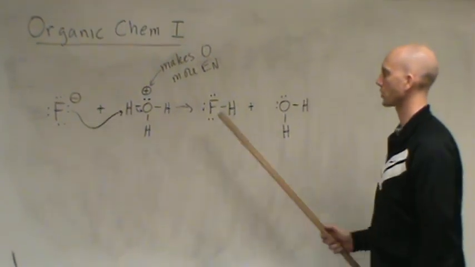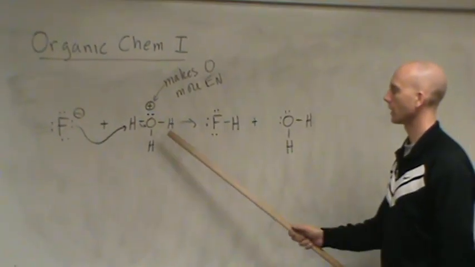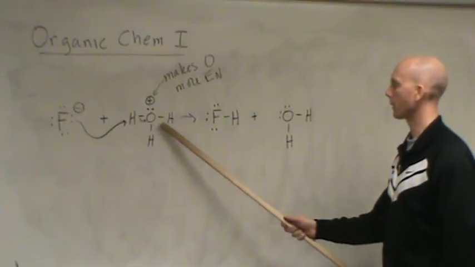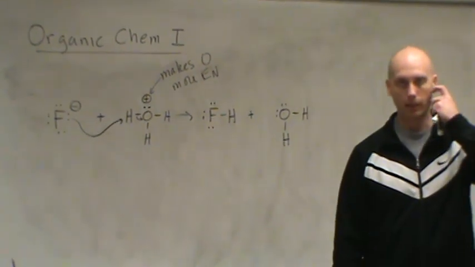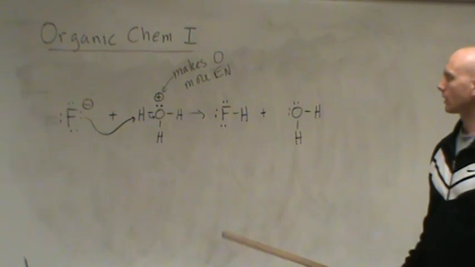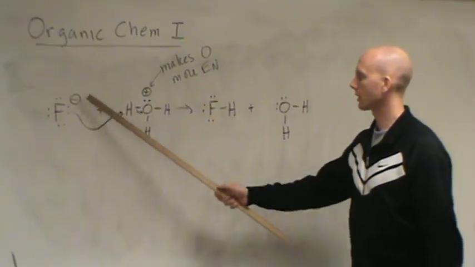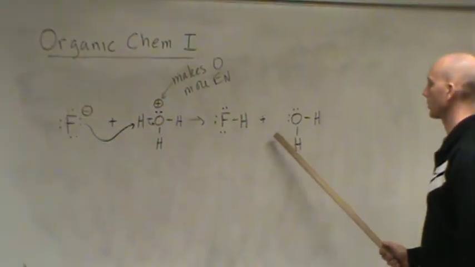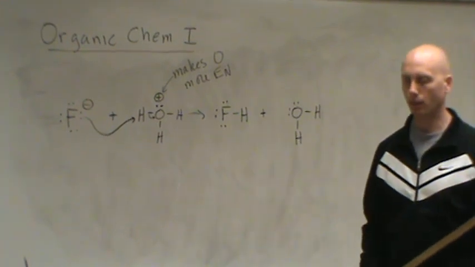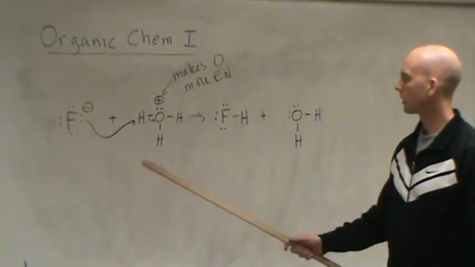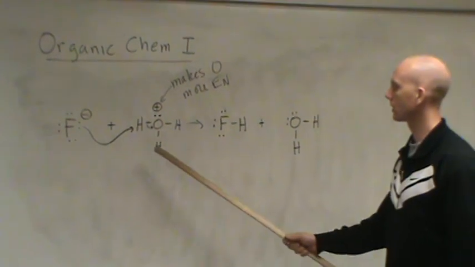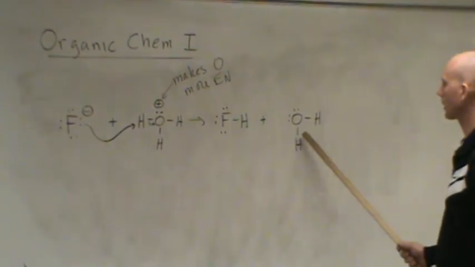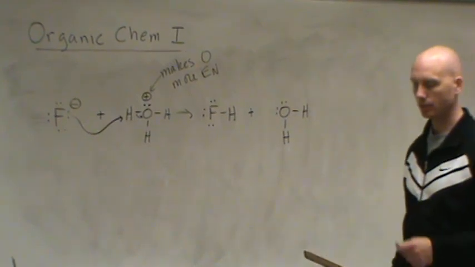So the fluorine has gained the hydrogen and oxygen has gained the lone pair. So now oxygen comes back to neutral where it's very happy. Note the charge balance, these cancel out, and there's neutrality over here for both of these. So that would be your base, conjugate acid, acid, conjugate base. Okay?